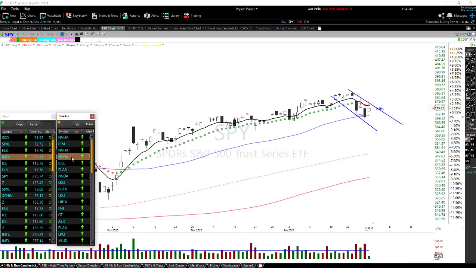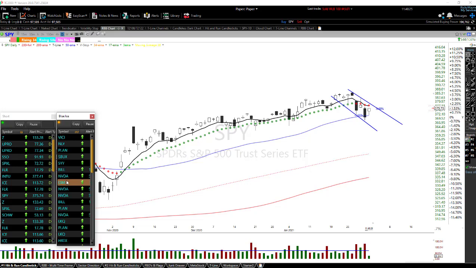I believe he's got a new version out, and I would have done it, but I didn't want to stop all my windows. So as soon as we're done here today, I'm going to do that right away. There are some pretty cool tricks in that, and I'll be talking about that after lunch in the Hit and Run Candlesticks trading room. But I can't do it till after this, otherwise it just cleans all my windows out.